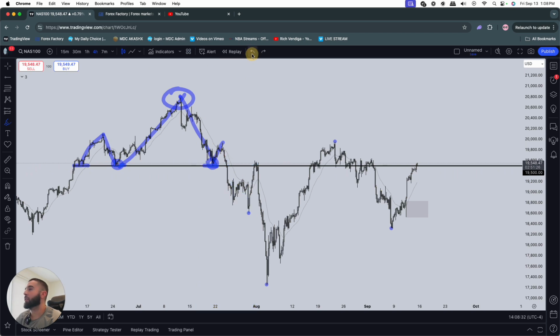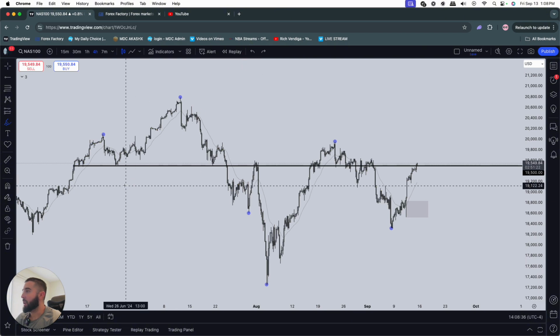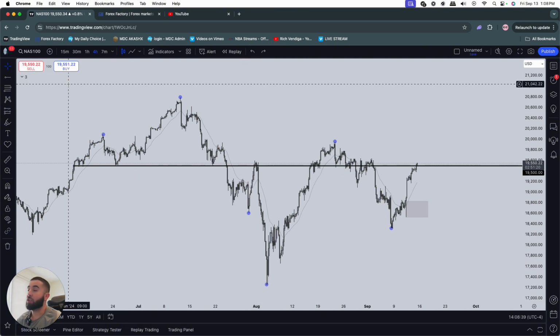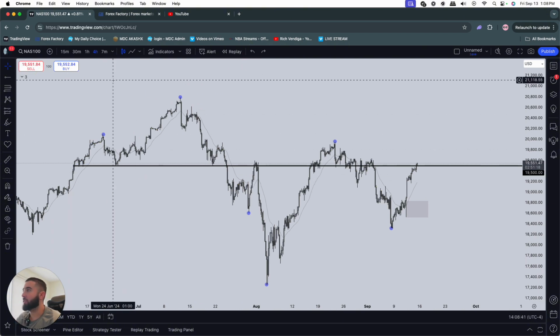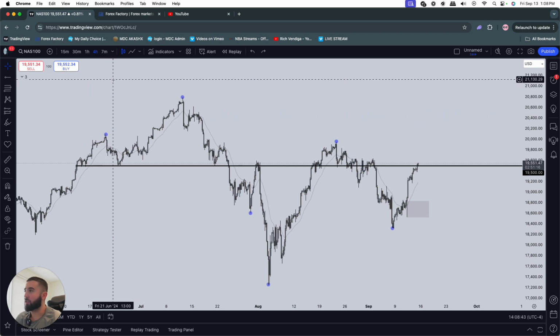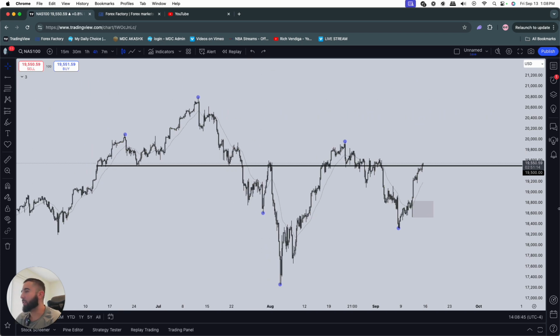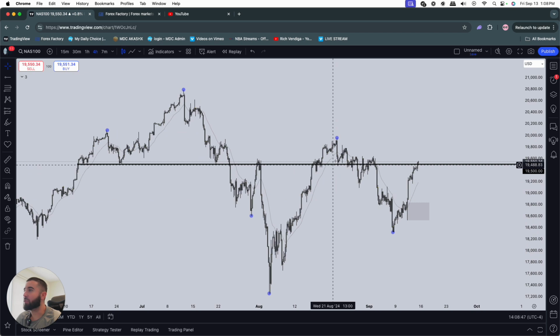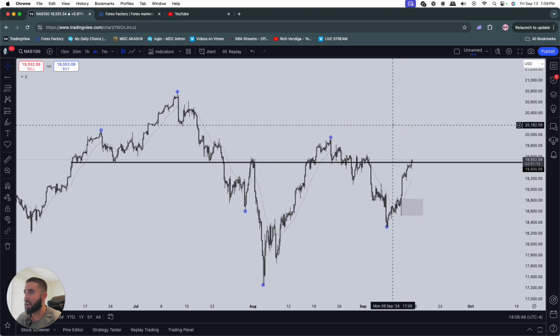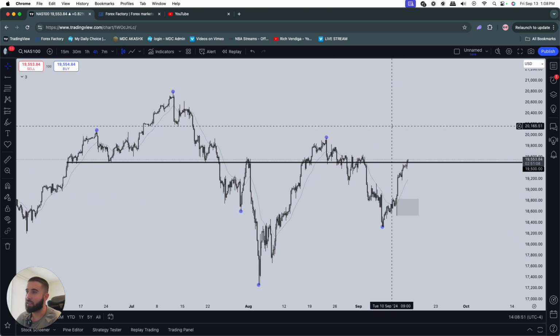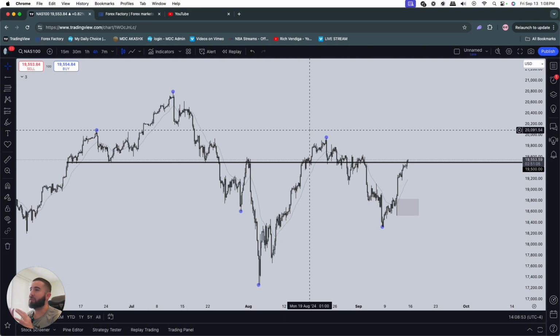So kind of starting again from scratch, what I really love to see is, number one, starting on the higher time frames. If you guys notice, this chart is a 4-hour chart for NAS 100. Yes, you can find sub key levels on smaller time frames such as the 15-minute, 5-minute, etc. But those are going to be for your daily moves or smaller sized trades.